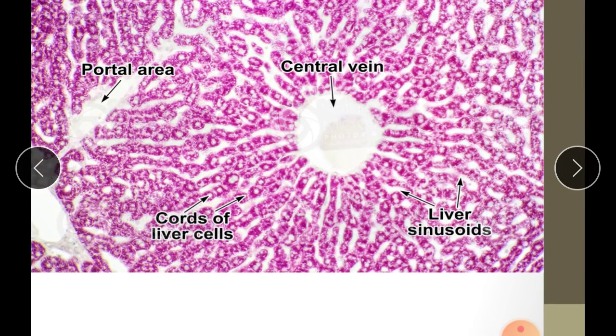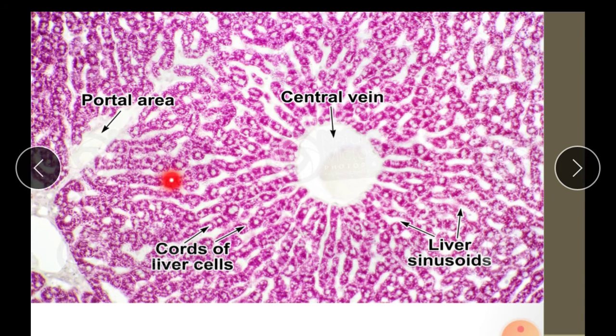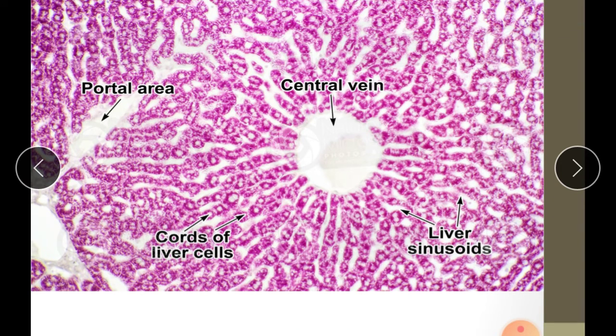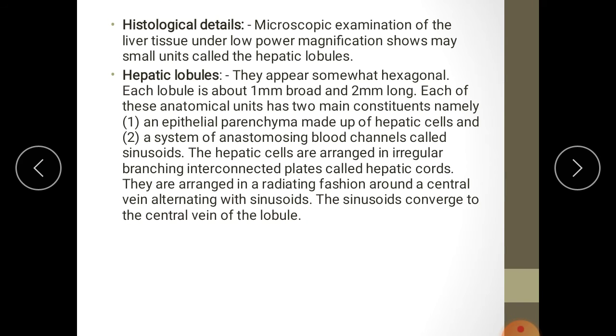This is a section of human liver seen under a microscope. These are hepatic cords. Hepatic cords are branched. They are radiating from the central vein towards the Glisson's capsule.